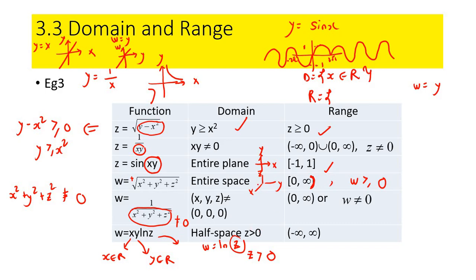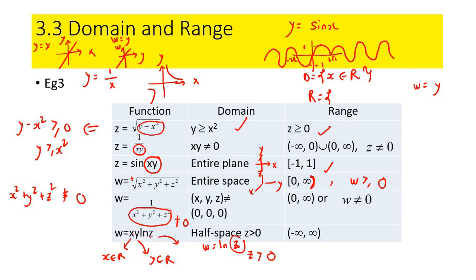But x, y take positive, negative, all numbers, including 0, while z must be positive. So it's the upper part of the 3D graph, the half space where z is greater than 0. And the range is negative infinity up to positive infinity, because x, y can be any value. Sometimes the range is a little more difficult to see compared to the domain.